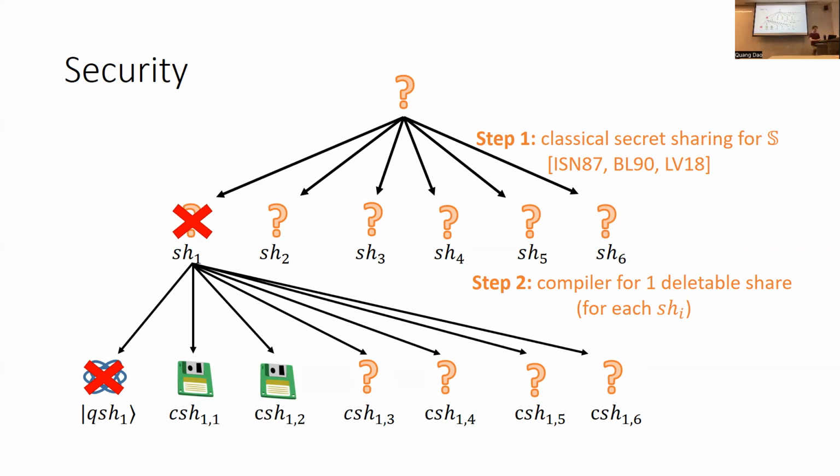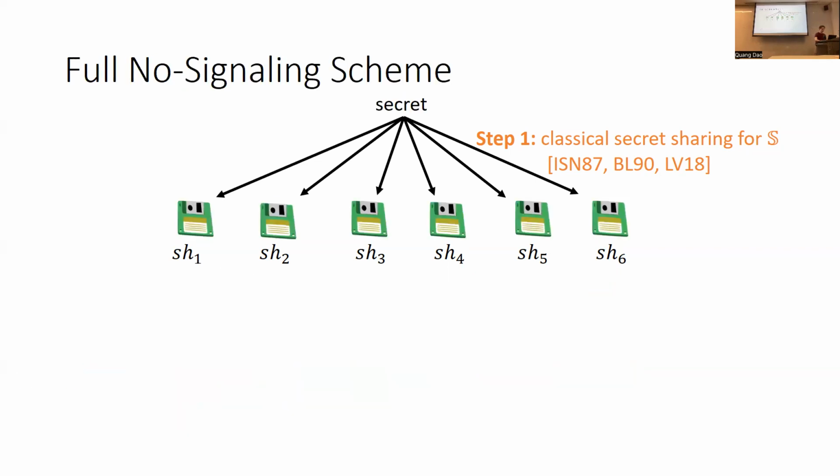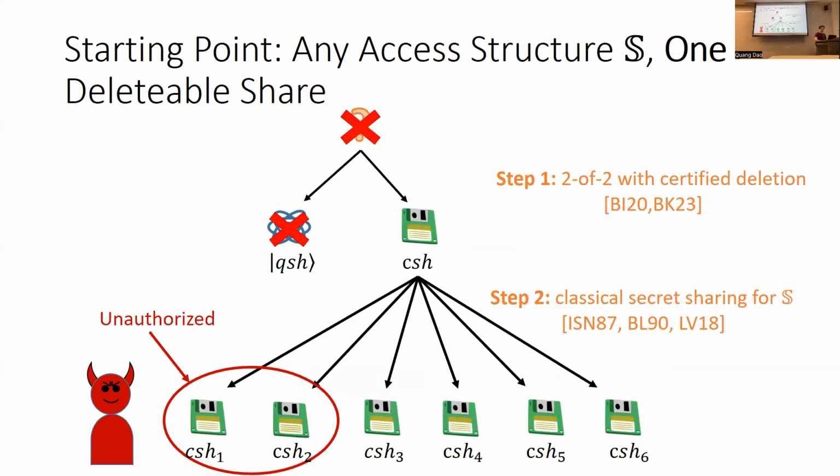Right. So the idea, let's back up a little bit. These bottom, this is the previous compiler that only has one deletable share. Here, the way that we hid CSH is we split it into many pieces. So if you collect enough of these pieces, you can get CSH. But if you had CSH in your view when you also had QSH in your view, right, then deletion doesn't work.